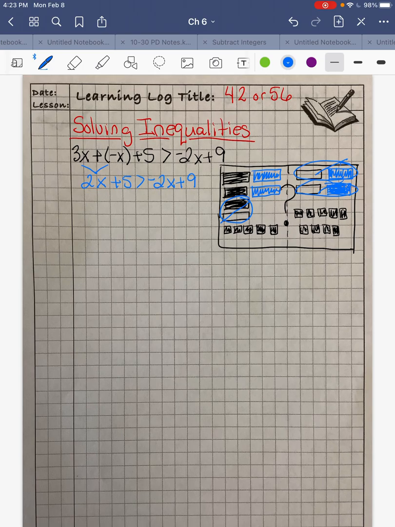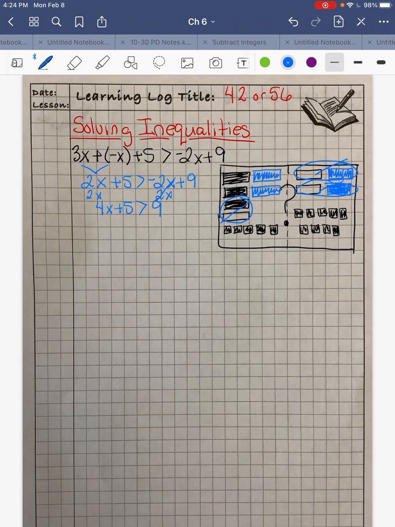I added 2x to the right side and 2x to the left side. Well, 2x and 2x is 4x plus 5 is greater than, now negative 2x plus 2x, that's 0. So that's gone. I circled it there, and now I just have 9 left there. Whoops, I got a step ahead of you. That's fine. It is 9.